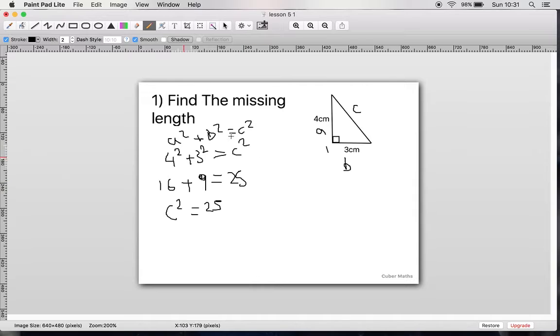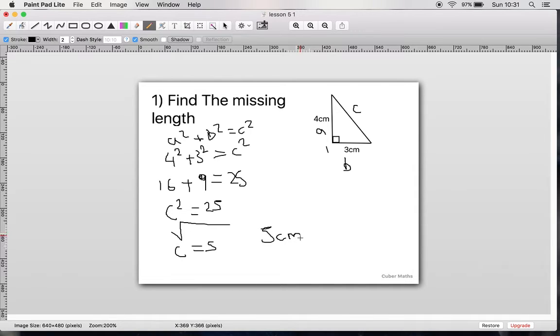But in this question, it's asking us just to find C, not the squared bit. So what we're going to do is square root all of our equation. So the square root of C squared would just give us C, and the square root of 25 would give us 5. So the answer to this question of find the missing length is going to be 5 centimetres.